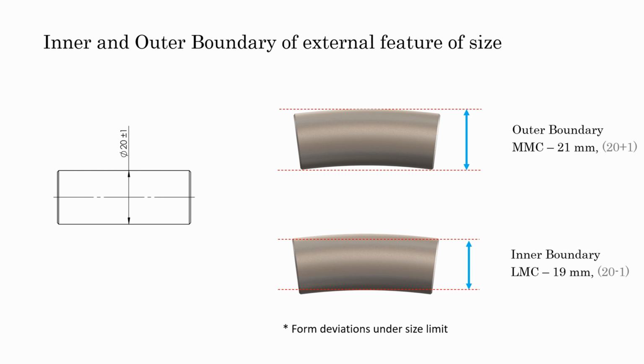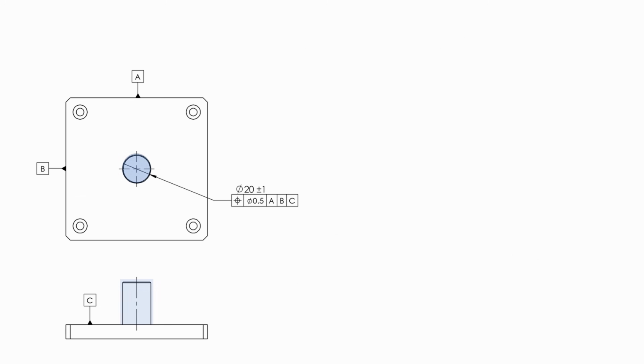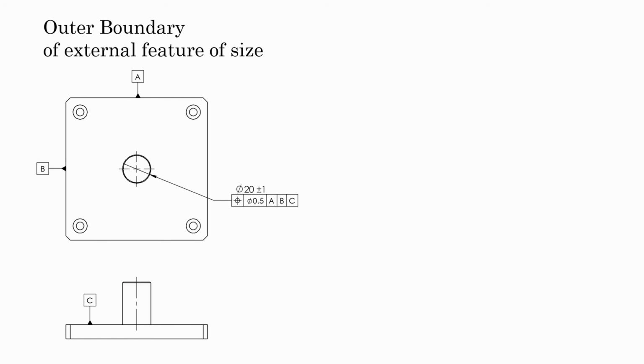Now let's add a geometric tolerance. Let's suppose this same pin is on a block, like a locating pin, a dowel pin, with a defined position tolerance of 0.5 mm relative to datum A, B and C. So for the outer boundary, first up, the largest diameter of the pin would be considered, meaning MMC of the pin, which is 21 mm.